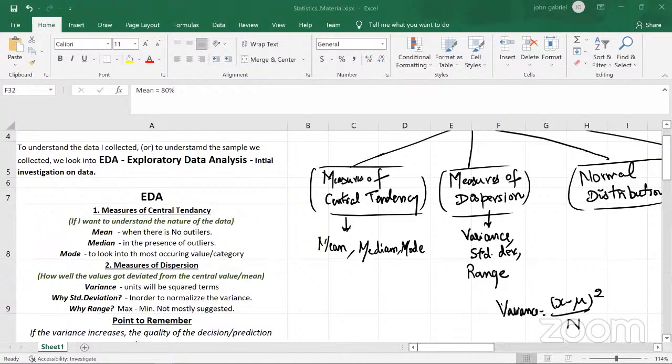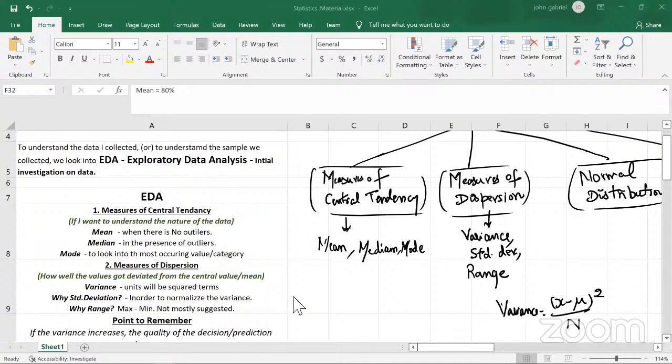And some of them might have got 76, 85, 90, 95, or 100. So from the central value, that is 75%, how much do my values deviate to the left and to the right? I want to know how much the values deviate from the central value, that is the mean. We will get into variance, standard deviation, and range.